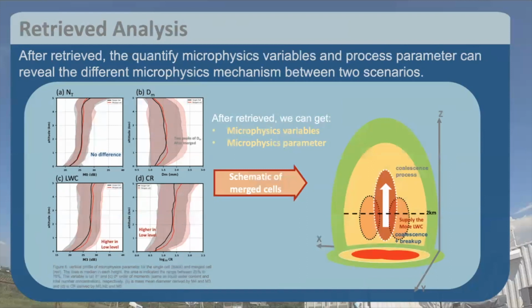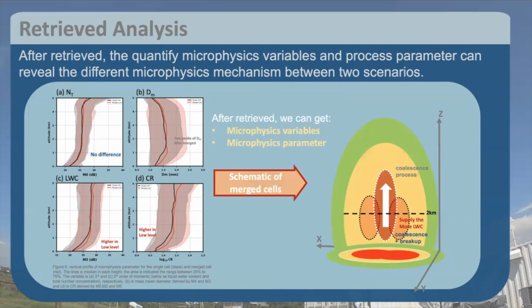For the merged cells, the original cell supplies very high liquid contents in the rain layer. So when the raindrops fall to the ground, not only the collision process but also the breakup is a very important role in changing the DSD.